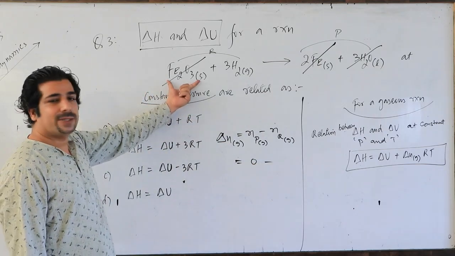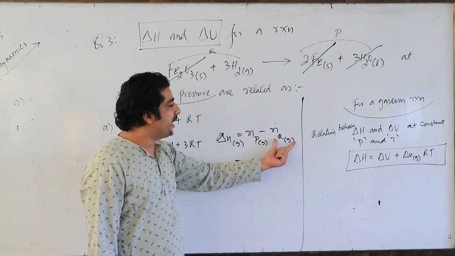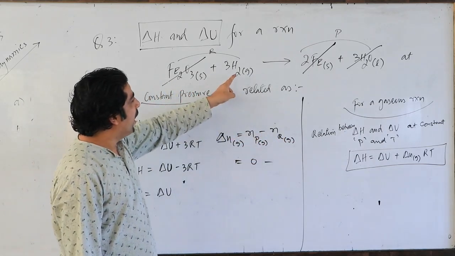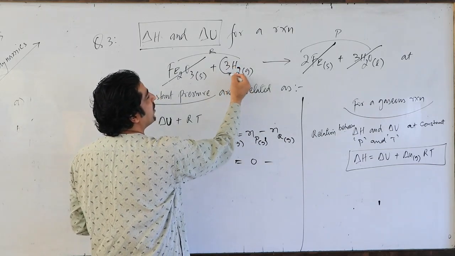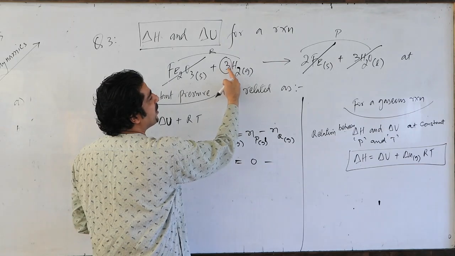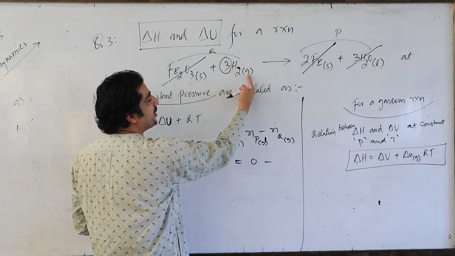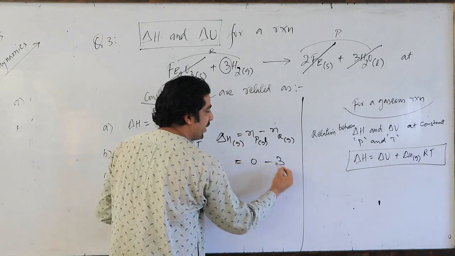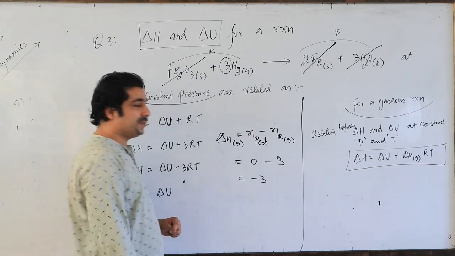I need to find the number of reactants in gaseous state. So 3 moles of H2 are in gaseous state. I will write down here 3. So my answer for delta N will be minus 3.